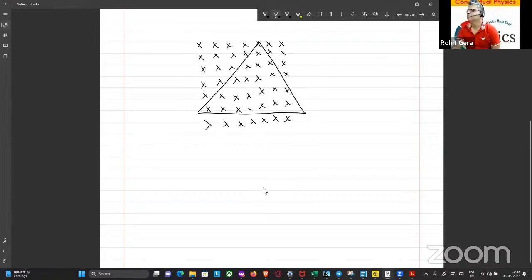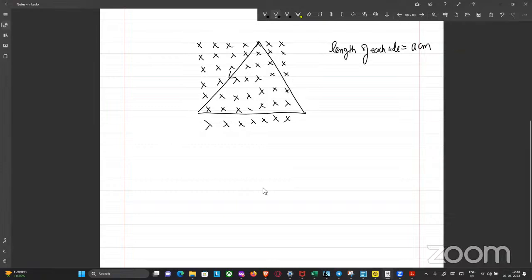Each side is 10 centimeter, or let's say is A centimeters, and it carries a current of 5 amperes.